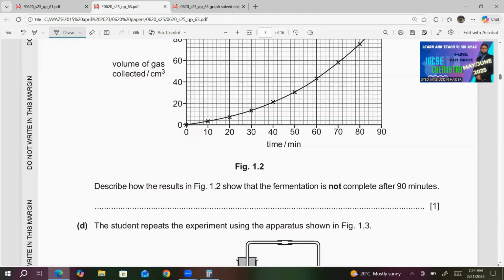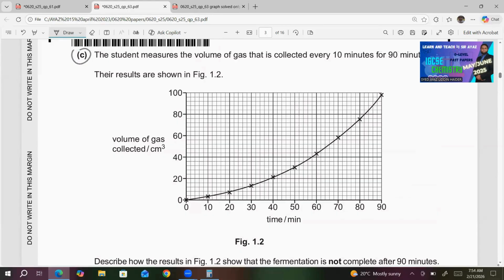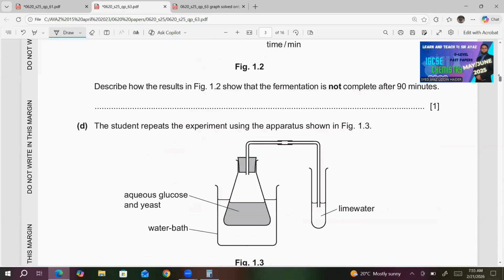If you look at the graph, the volume is not becoming constant after 90 minutes. So you're going to write gas volume does not become constant.